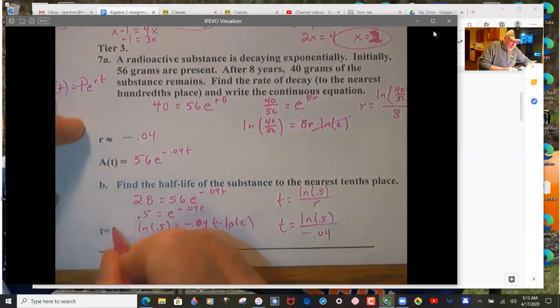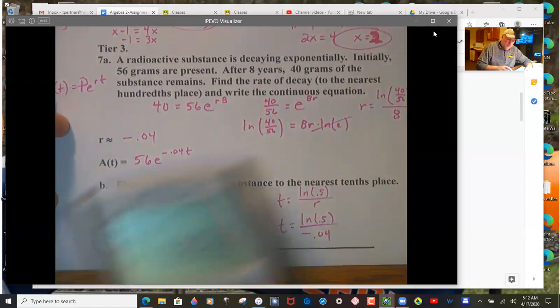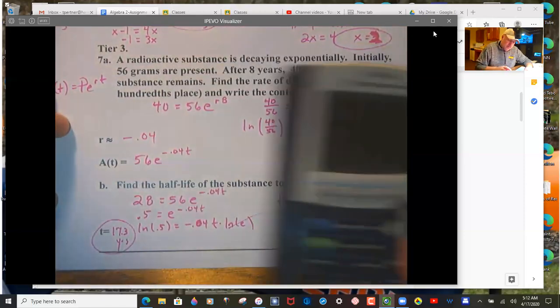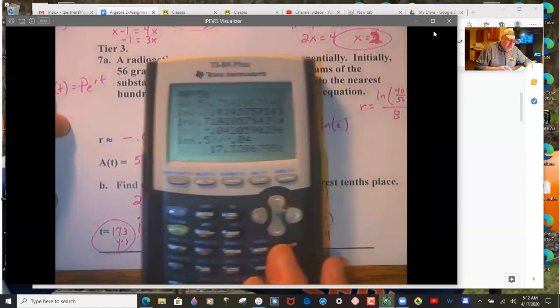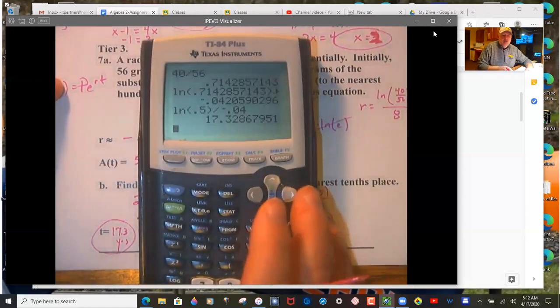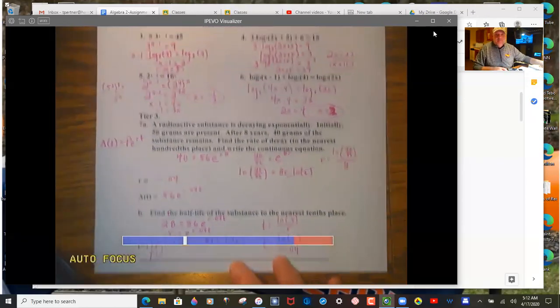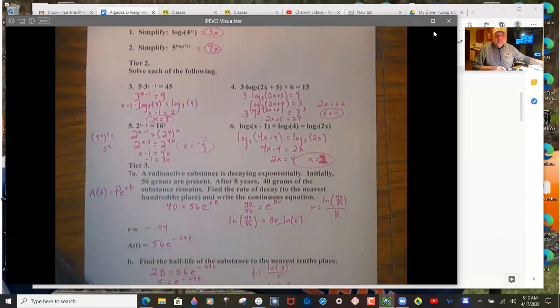And that gives you about 17.3 years when you do that out. 17.3. Okay, and that essentially is what you need to show me on the real quiz.